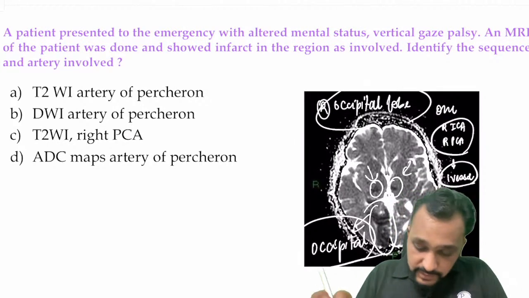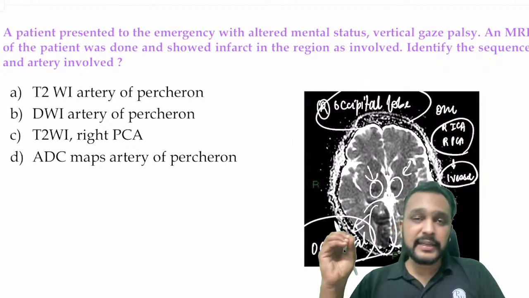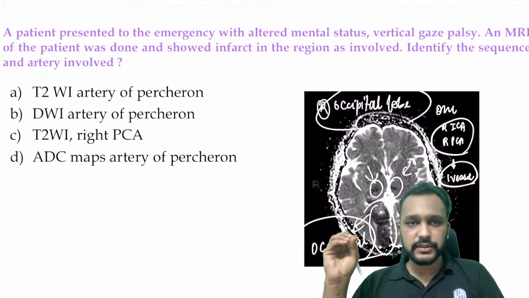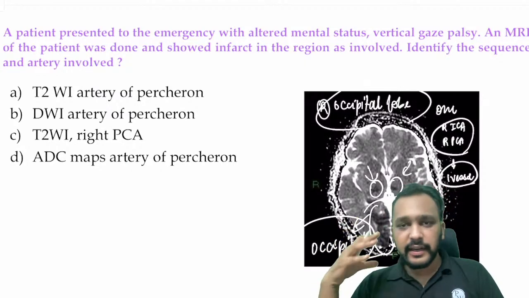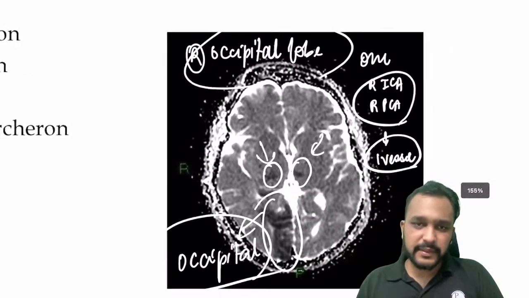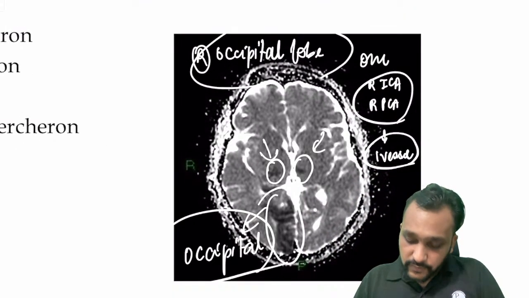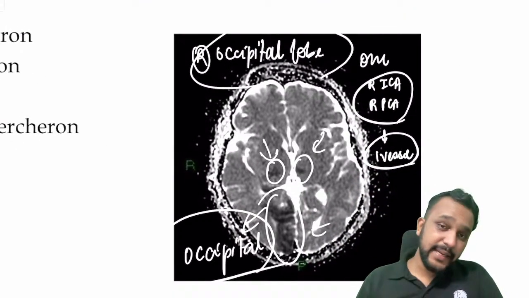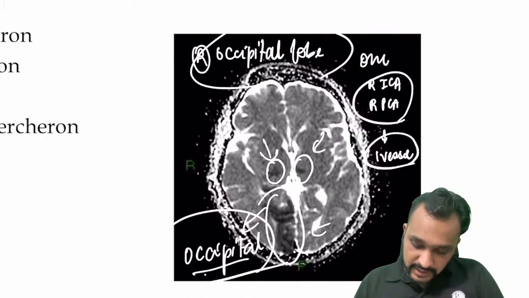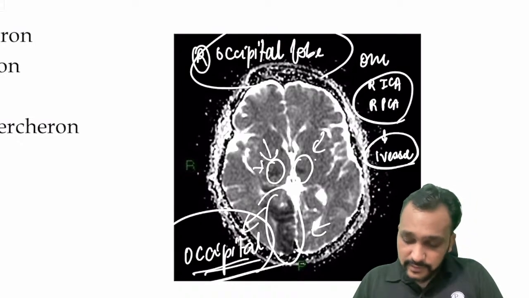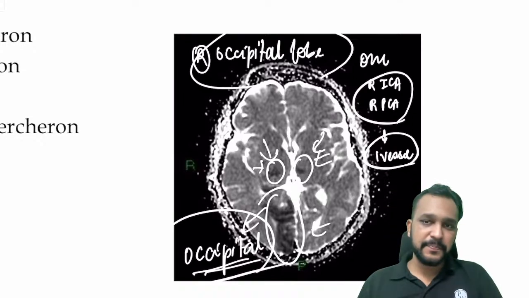This is a variant; it is not present in every patient. So what is this vessel? This vessel is your artery of Percheron, right? If there is a thrombus within the artery of Percheron, we will see areas of diffusion restriction in the occipital lobe as well as within the thalamus, right?